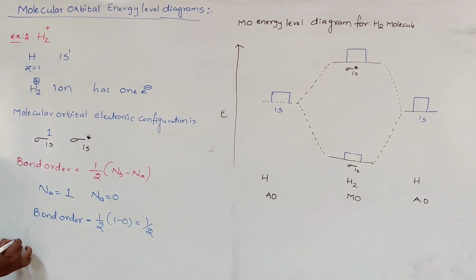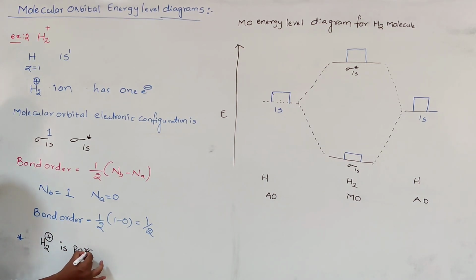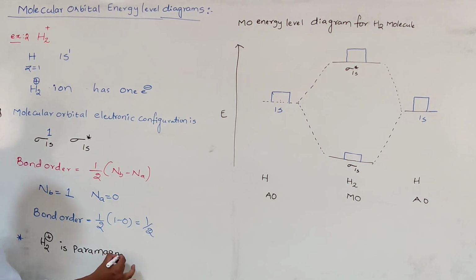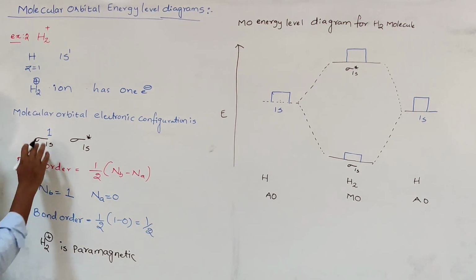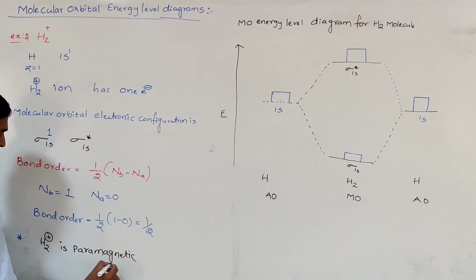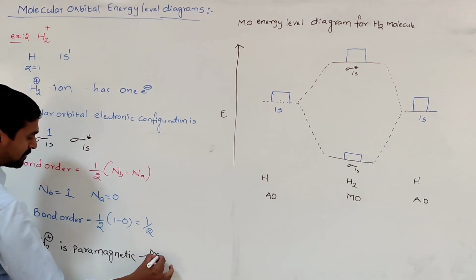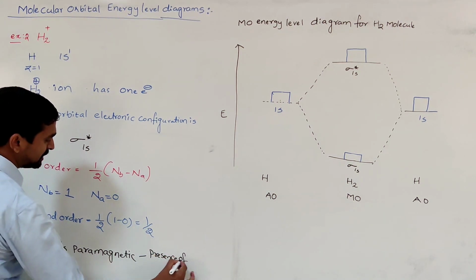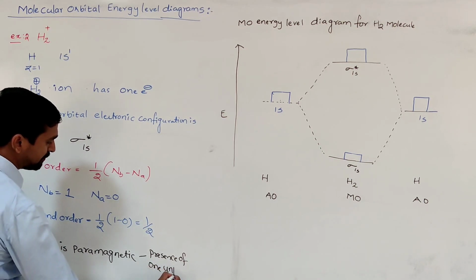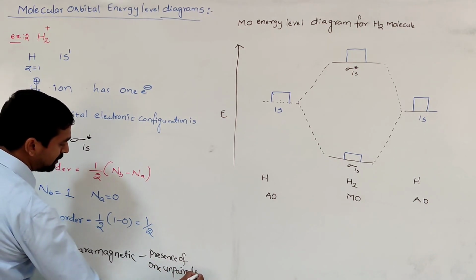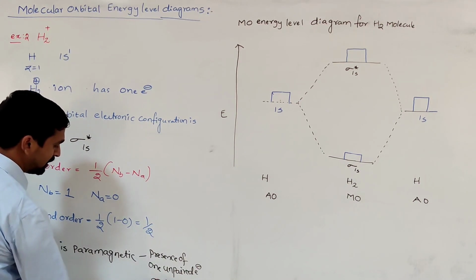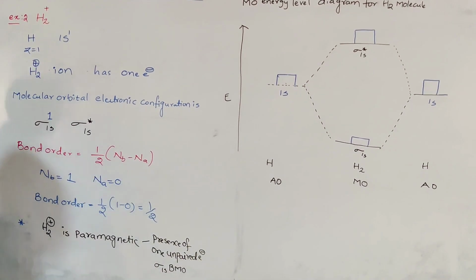Here one unpaired electron is present, so the H2 plus ion is paramagnetic, because each orbital can accommodate a maximum of 2 electrons, but here only one electron is present, that is an unpaired electron. H2 plus is paramagnetic because of the presence of one unpaired electron in the sigma 1s bonding molecular orbital.